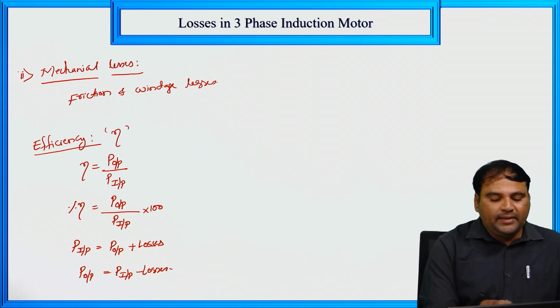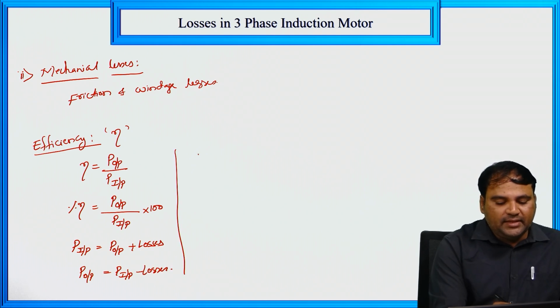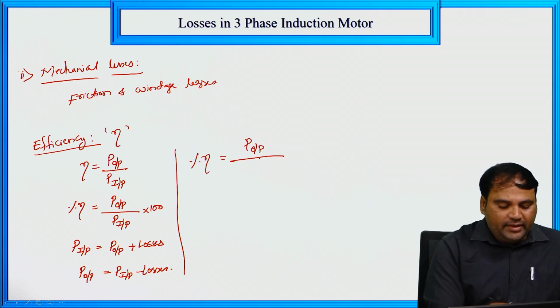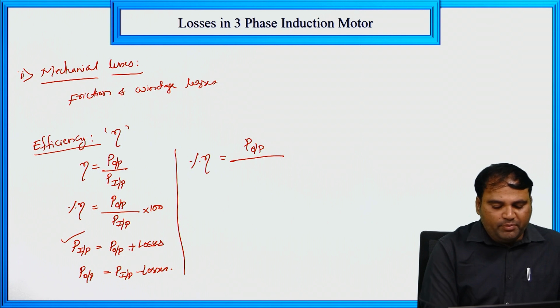Finally, the percentage efficiency equals output power divided by input power, and the input power is output power plus losses, so substitute here.